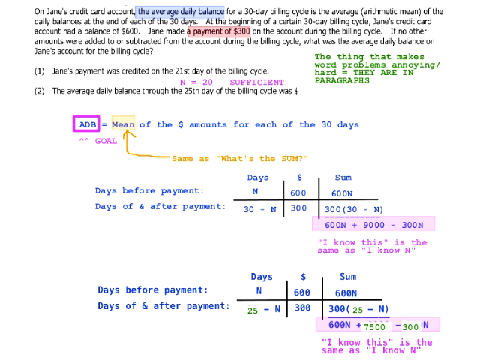What happens if we make it 600? Because then we don't know. Because this would tell us that the payment was not made until after the 25th day, but there are still 5 different days where that could have happened: 26, 27, 28, 29, 30.